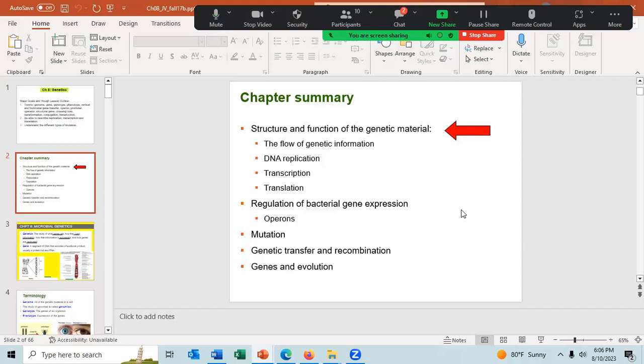We'll then talk about the regulation of bacterial gene expression, using operons to discuss that. Then we'll talk about mutation, genetic transfer and recombination, and we'll end the lesson by talking about genes and evolution. Any questions about what we're going to be discussing?